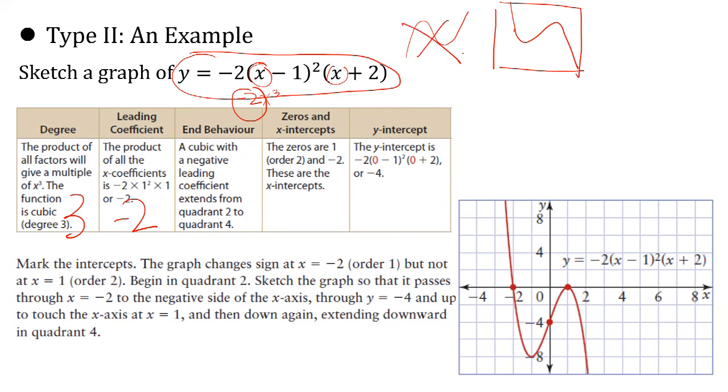So the pattern of the function depends on the leading coefficient as well as the parity of the degree. So that means the function should extend from the second to the fourth quadrant.